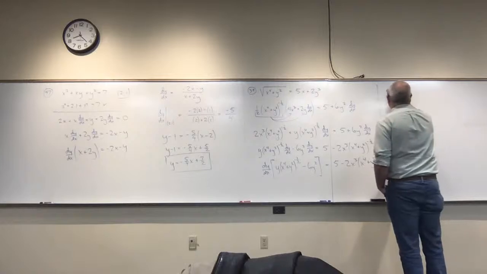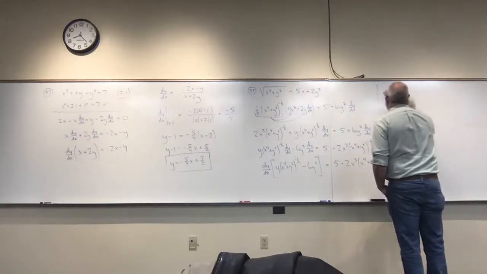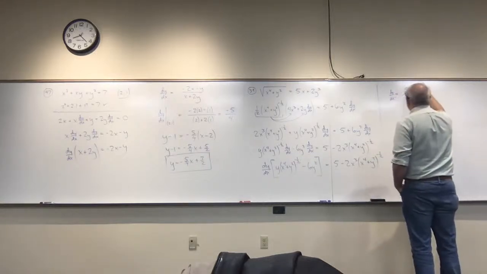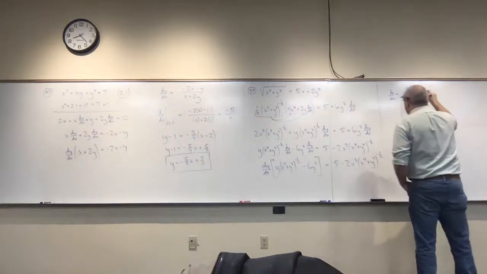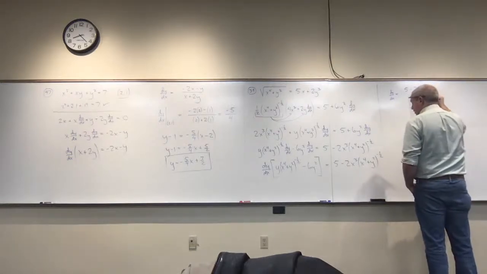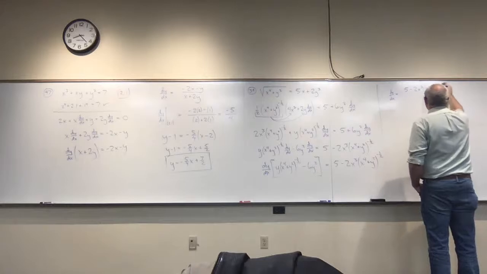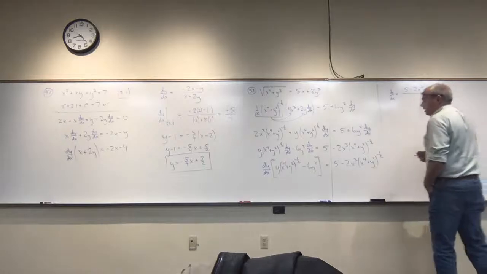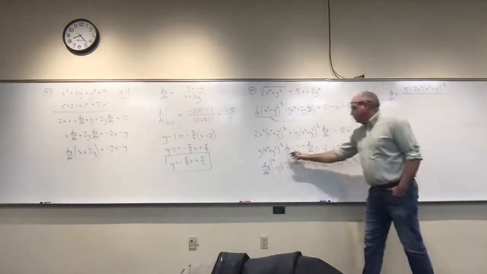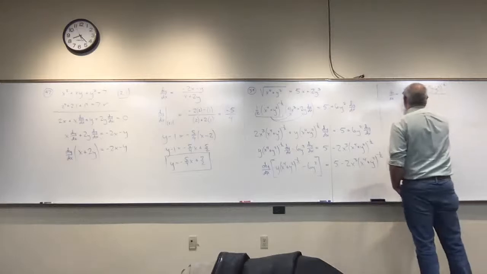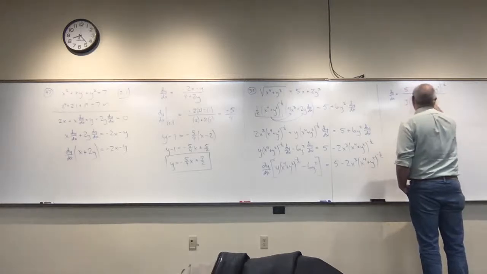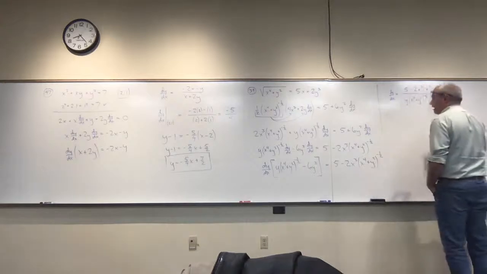So we'll say that dy over dx is equal to this stuff, which is 5 minus 2x cubed times (x to the fourth plus y squared) to the negative 1/2 divided by all of this stuff, which is y times (x to the fourth plus y squared) to the negative 1/2 minus 6y squared.